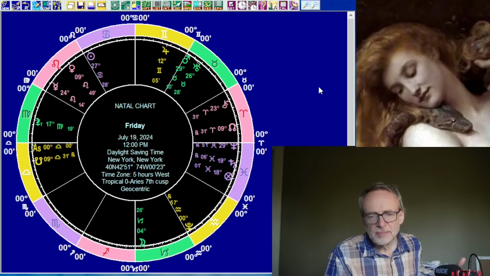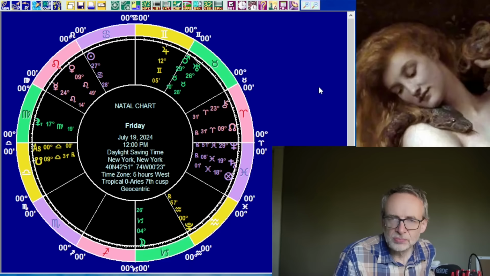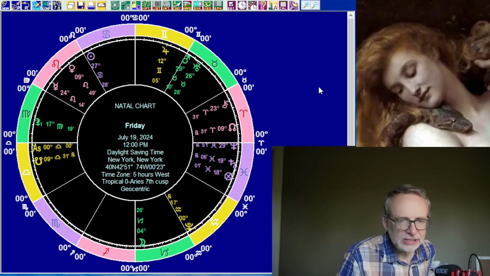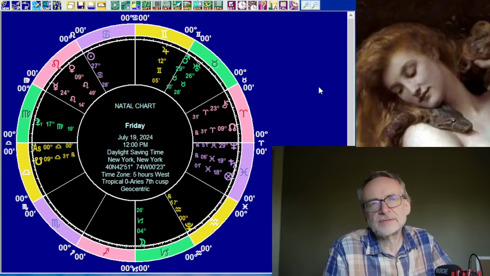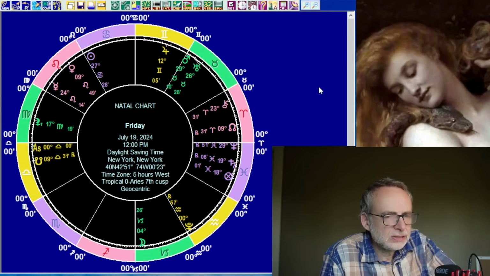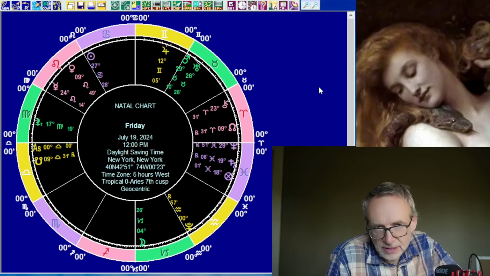But going back to what I was talking about in terms of this option to retreat from the world, it may actually be the right thing to do in the short term. I do think that over the next couple of days, Librans are going to value their own space.